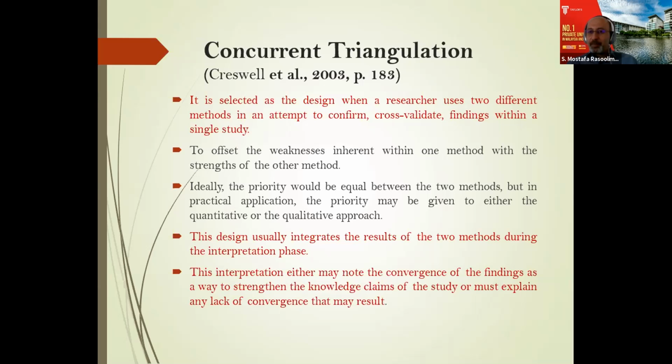We can diversify, expand the result. But if it's confirmation, we have to explain the result of qualitative and then the result of quantitative and see how they confirm, how we can cross-validate the result from these two methods.